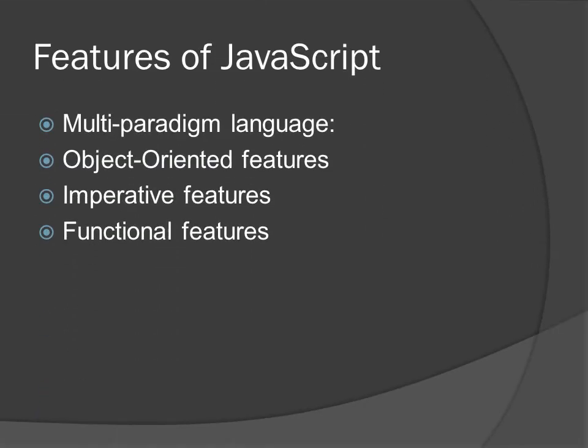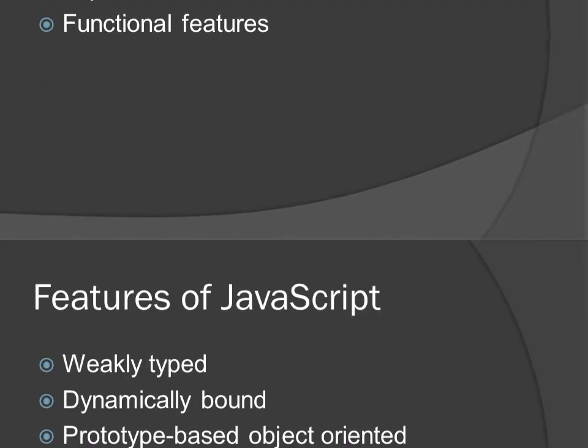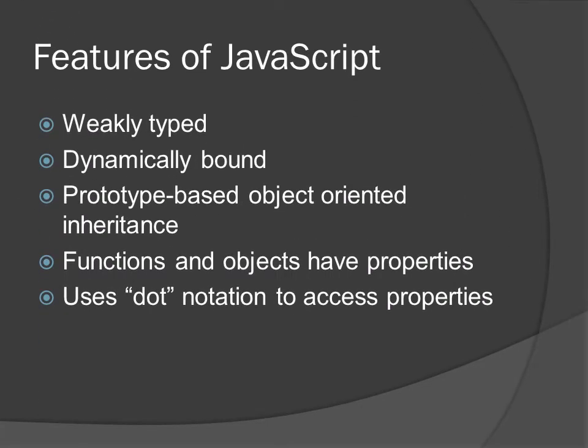Some of the key features of JavaScript include that it is commonly referred to as a multi-paradigm language, which means it possesses features of object-oriented, imperative, and functional languages. JavaScript has great dynamic ability when running in runtime.